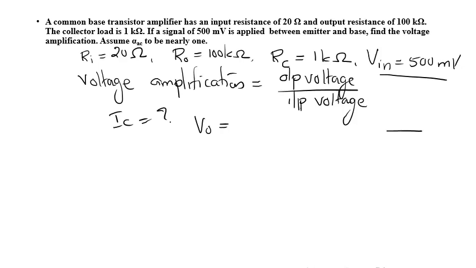In the case of a common base configuration, you have the signal given here, and this is my collector, which is biased.